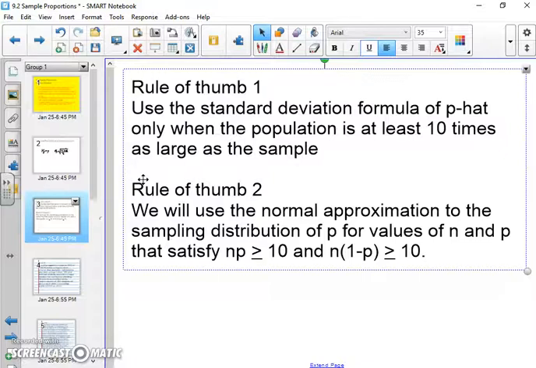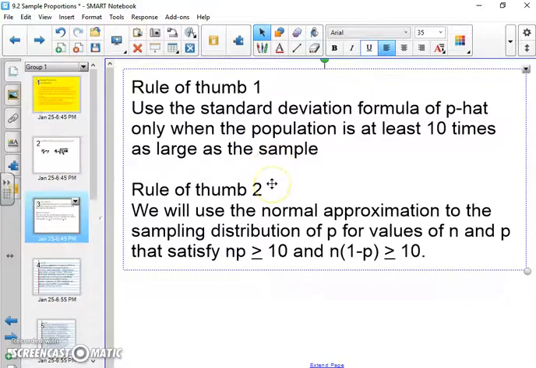Well, that's going to be an example that I'm going to be using later on. At least 10 times as large, so if I'm doing a simple random sample of 10 young women, times 10 would be 100. There's definitely more than 100 young women in the world. So that's an example of how you would use the first rule of thumb.